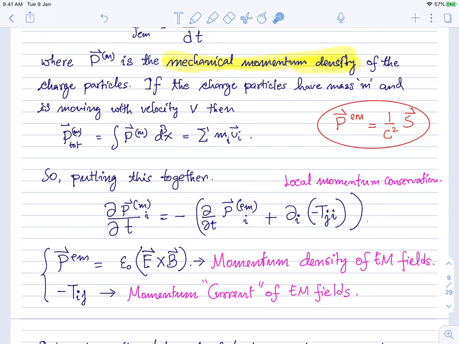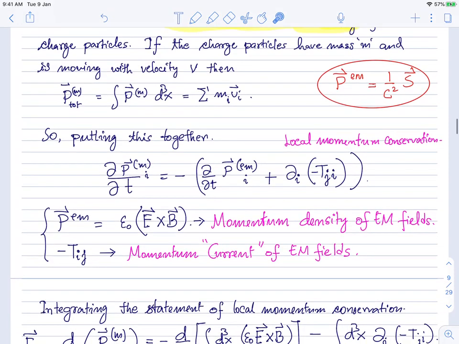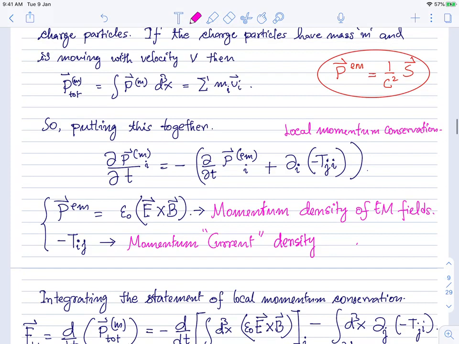That has a single index I, but this Tij has a double index, and this is interpreted as momentum current density. Let me correct it: momentum current density of the EM fields, momentum current per unit volume. It's the corresponding current density of EM fields.